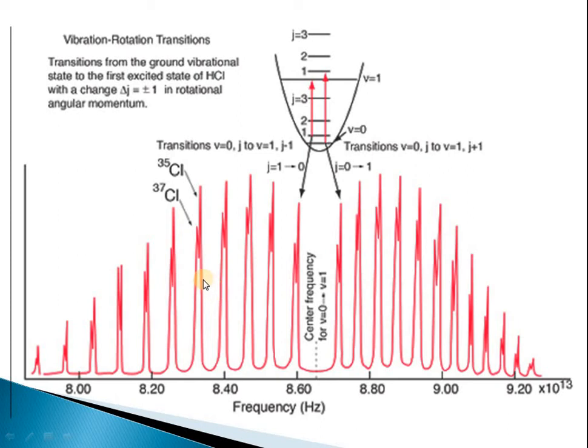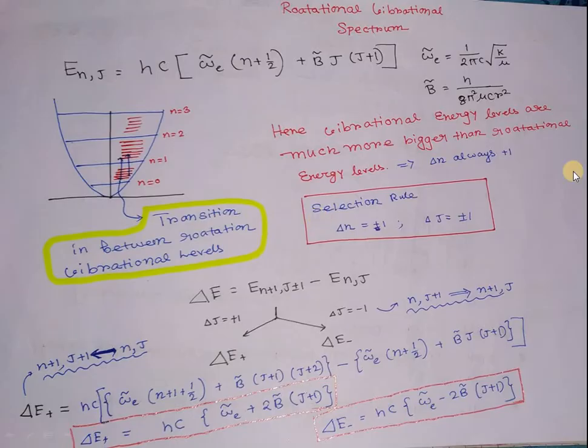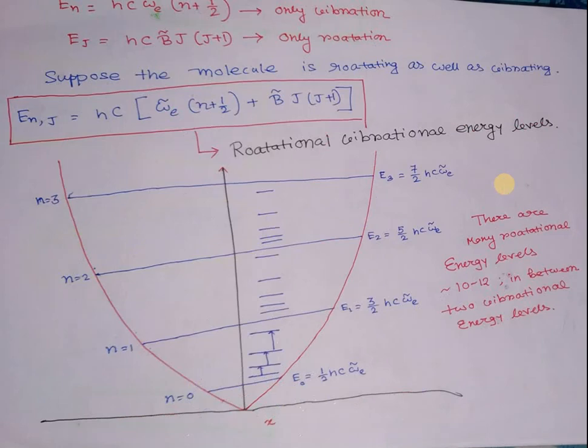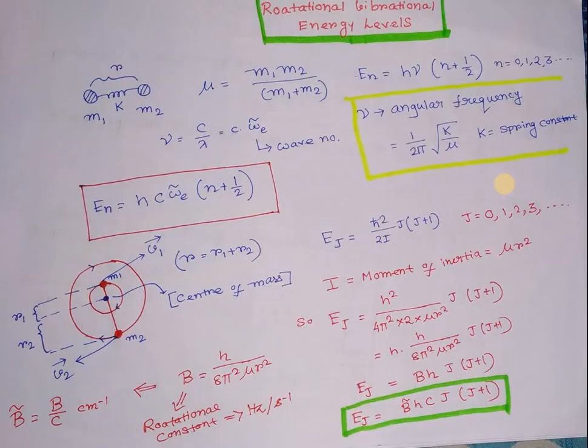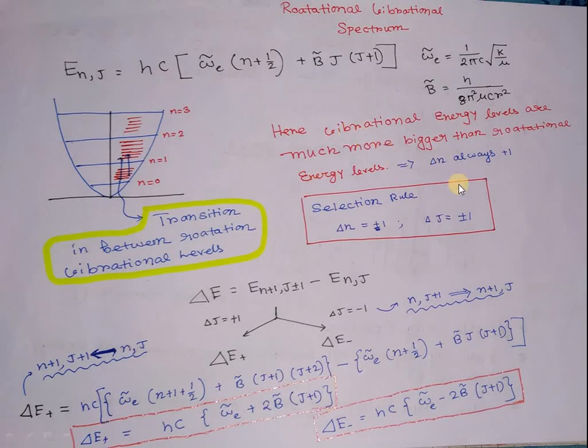This B has the following expression that I have already described. If the C term is not there, the expression of B will be h by 8 pi square mu r square.